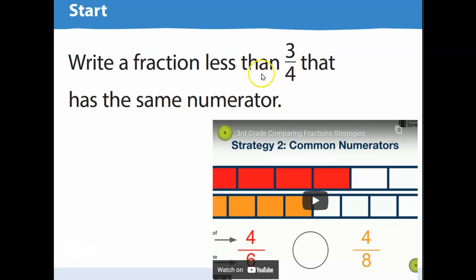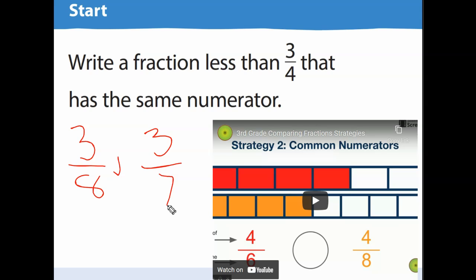It says write a fraction less than 3/4 that has the same numerator. So, guess what? Somebody wrote 3/8, and you also wrote 3/7. That's right. Good job. But I'm also going to accept the other one because all the other fractions you guys did were also less than 3/4.